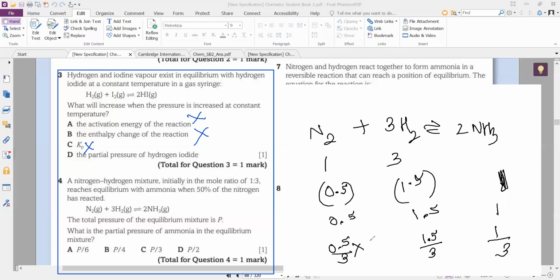The total pressure is P. Then they're asking for the partial pressure of ammonia in the mixture. Answer is C. Quick calculations. Clear? Good.